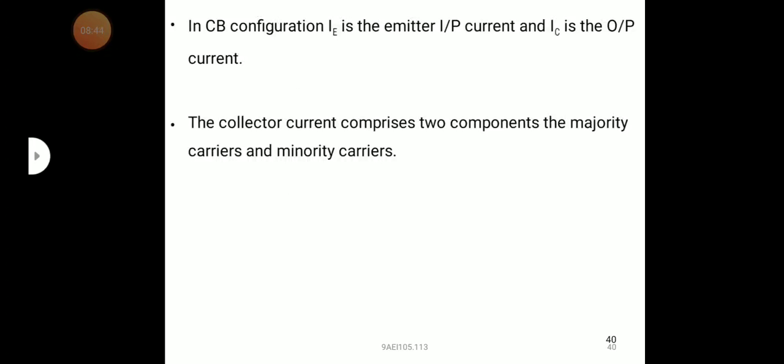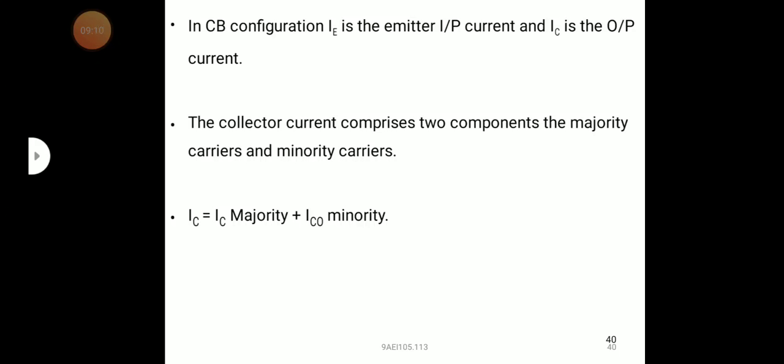In common base configuration, IE is the emitter input current and IC is the collector output current. The collector current comprises two components, the majority carriers and the minority carriers.